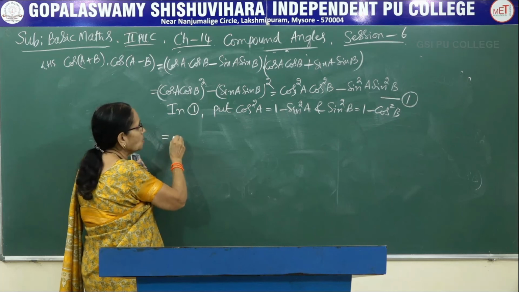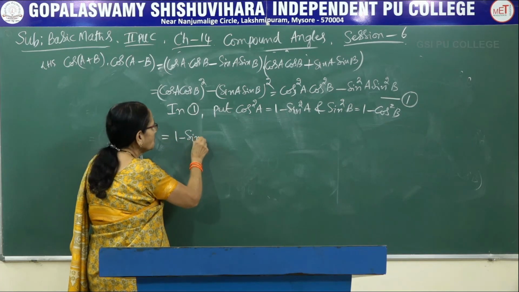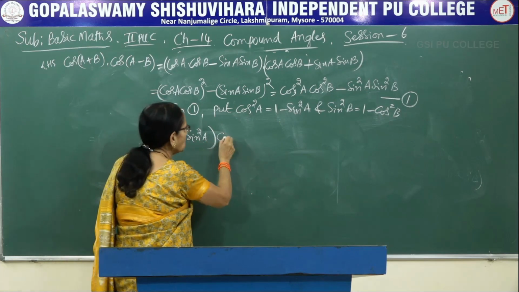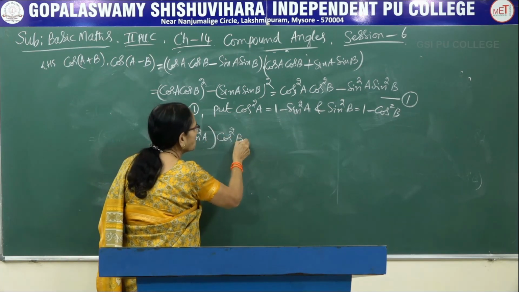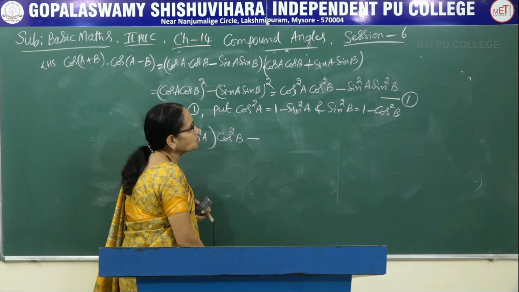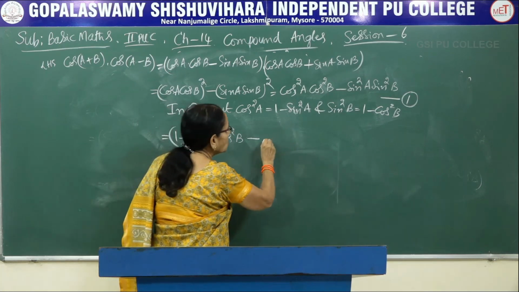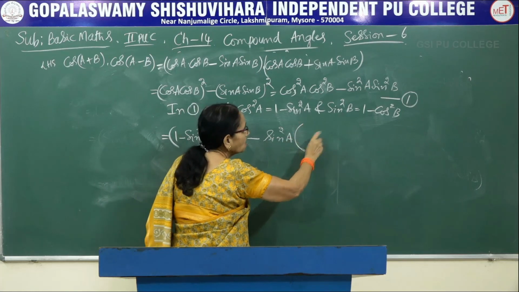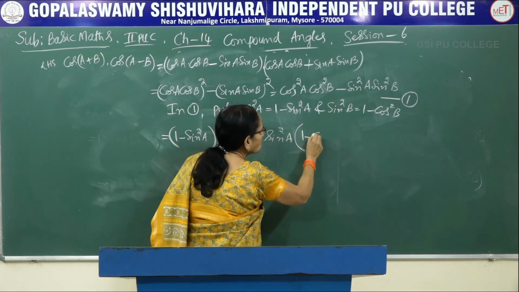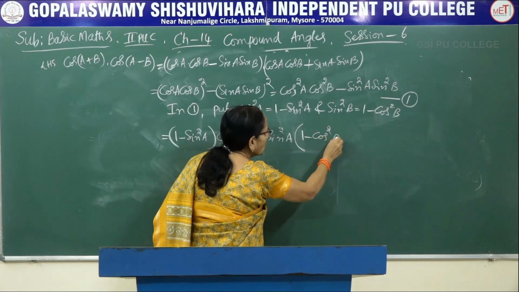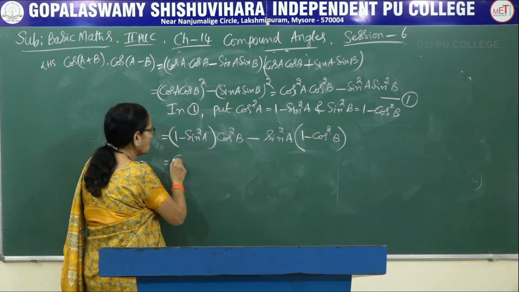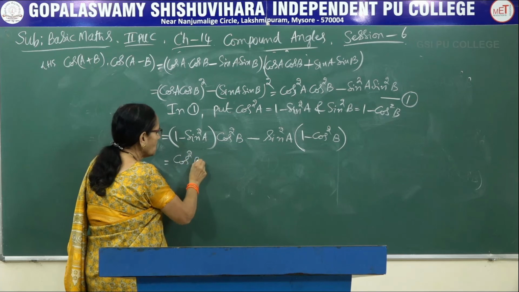So this would be equal to 1 minus sin square A, into, write the brackets, into cos square B. Then minus sin square A, you write it as it is, and here that sin square B could be written as 1 minus cos square B. Now it is the usual thing, multiplying, removing the brackets.